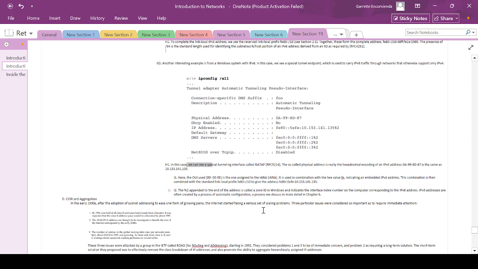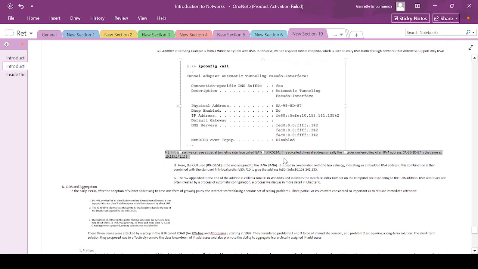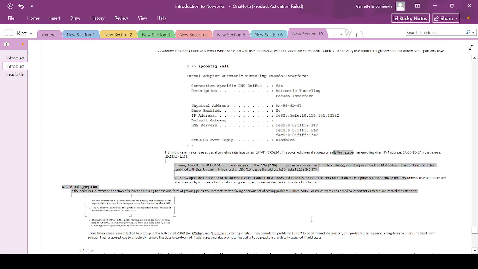In this case, we see a special tunneling interface called ISATAP. The so-called physical address is really the hexadecimal encoding of an IPv4 address, 0A998D87.